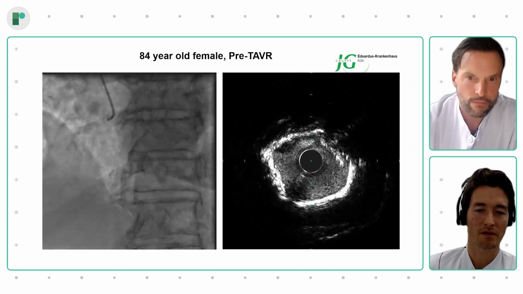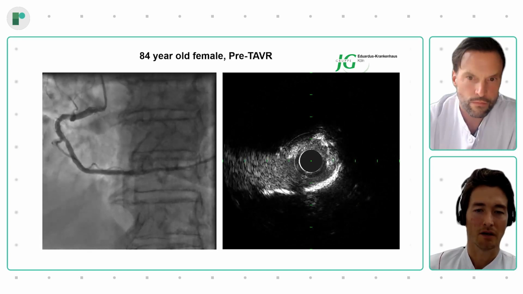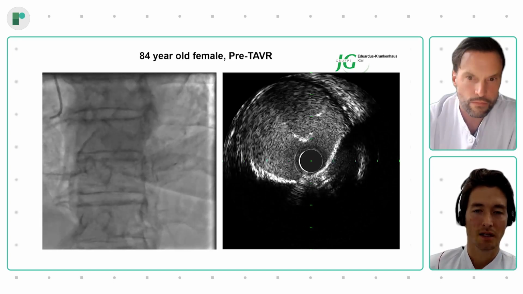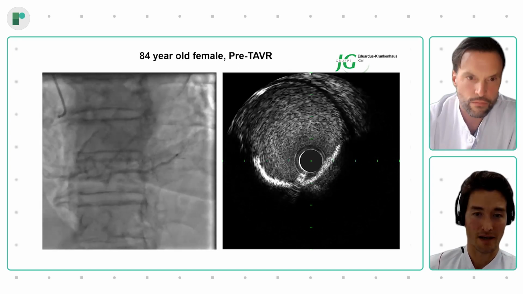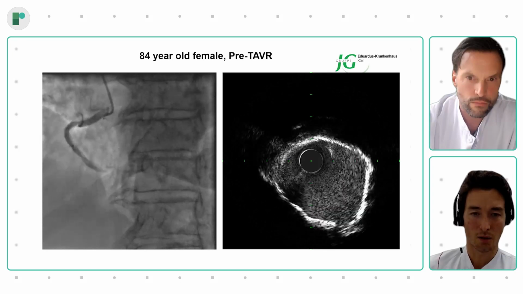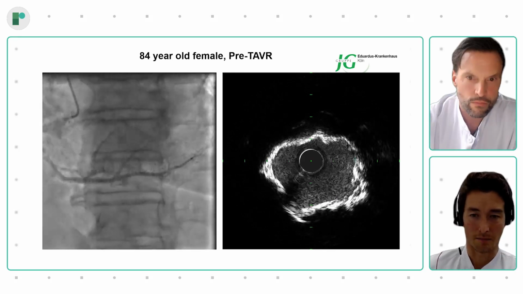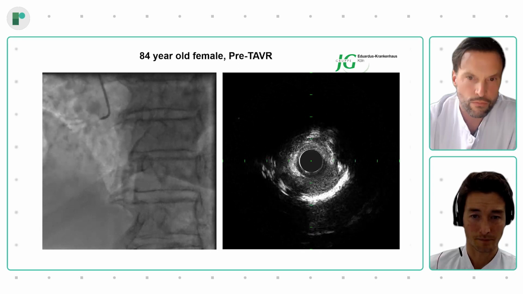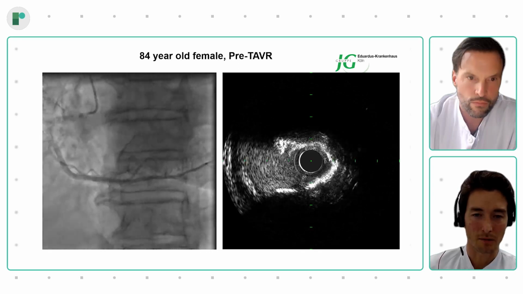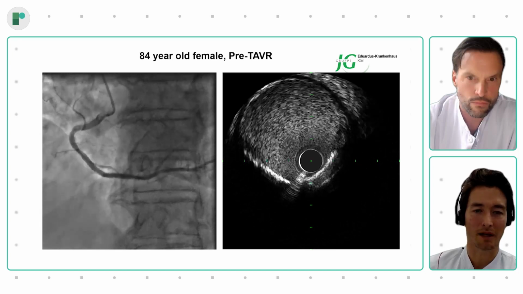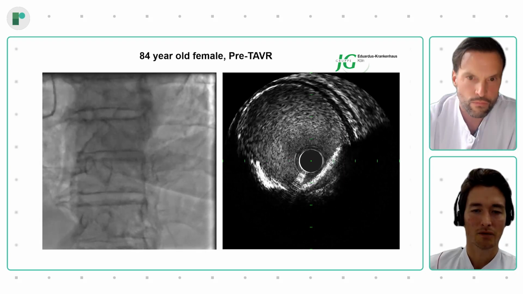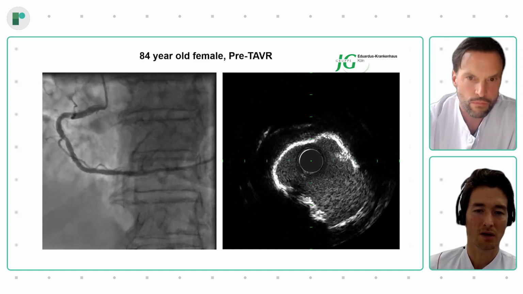We performed HD IVUS in this scenario, and on the right-hand side, you see a heavily calcified vessel. There's really no healthy vessel identifiable, with a gnarly surface of the calcified plaque, almost no healthy landing zone.